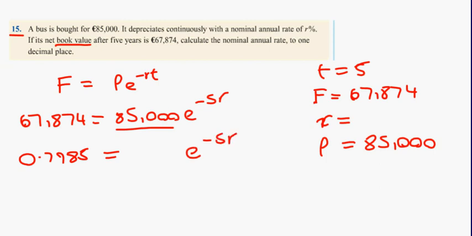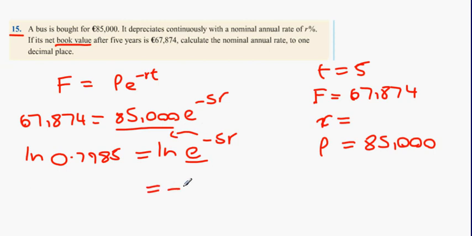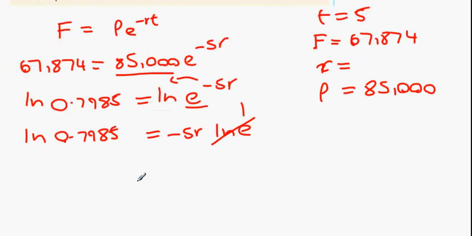Now this time we're going to be able to use the logs because it has an e, so it's ln both sides. Then you use your power rule, so you get minus 5r ln e. We all know that ln e is 1, and that equals ln 0.7985. Divide that by minus 5, so r equals ln 0.7985 divided by minus 5.